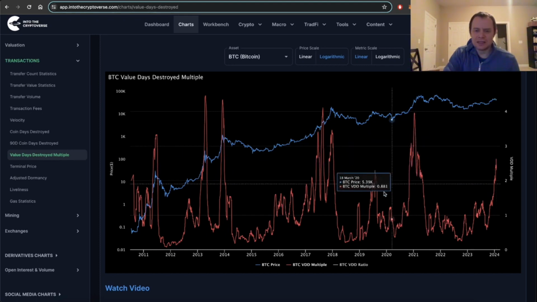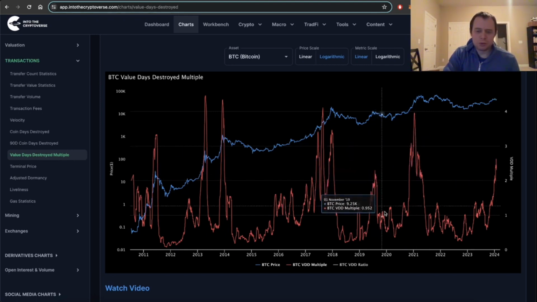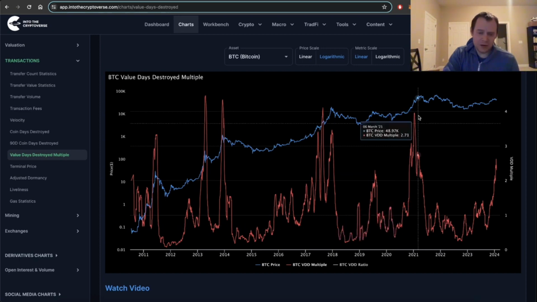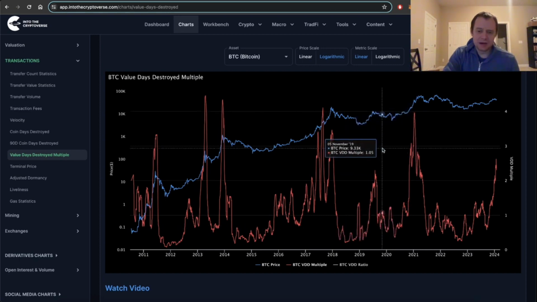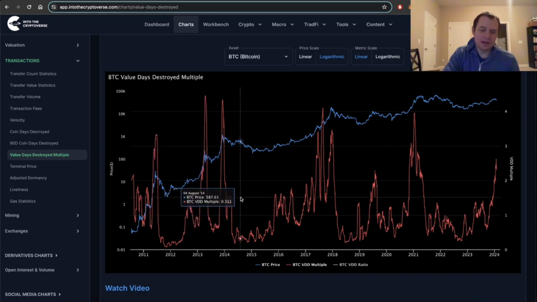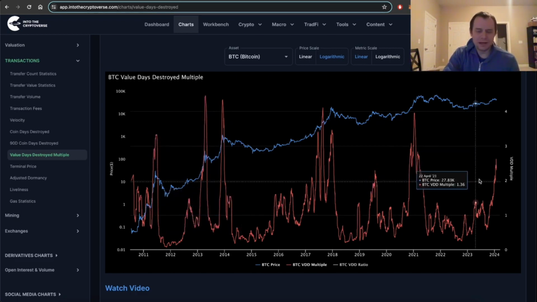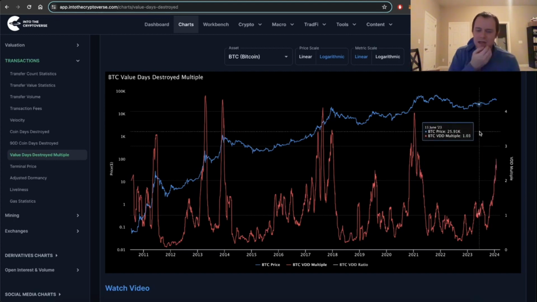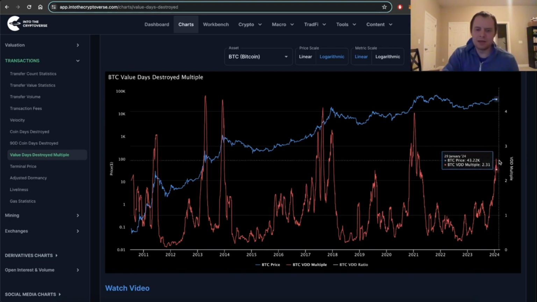You can see that in 2019, it cooled back off, and then it went up again a year later. And over here in 2013, it cooled off, and then it went up again half a year later. But my guess is that it starts to cool off sometime in the next few months. But if it hasn't cooled off by summer, I imagine that summer would be a prime time for it to cool off if it hasn't done so before then.